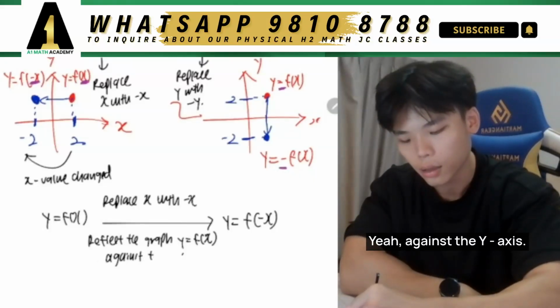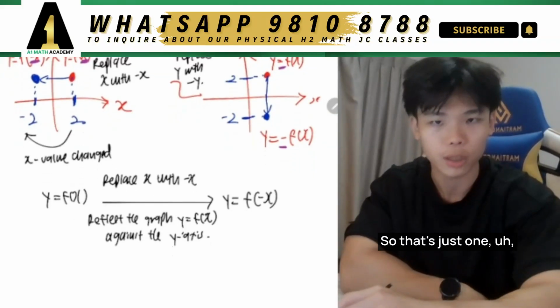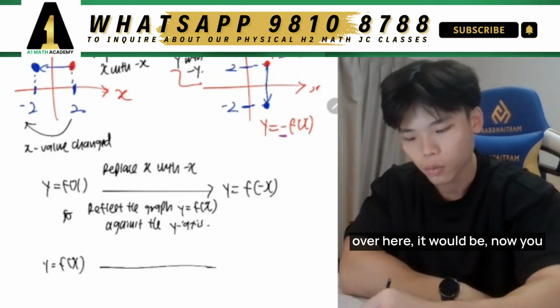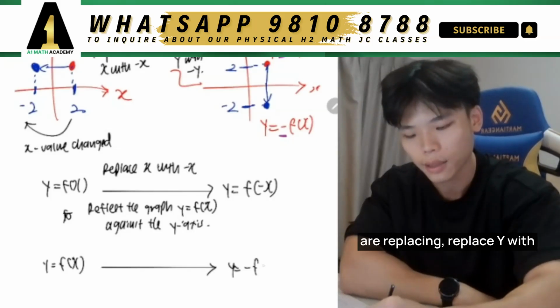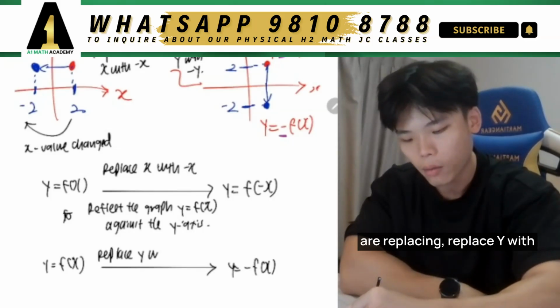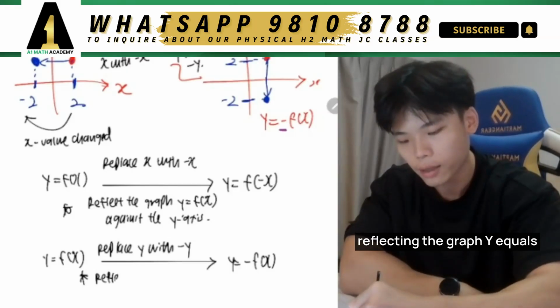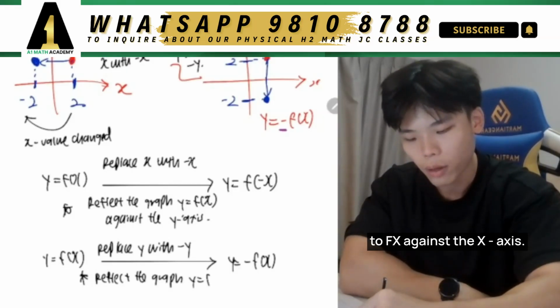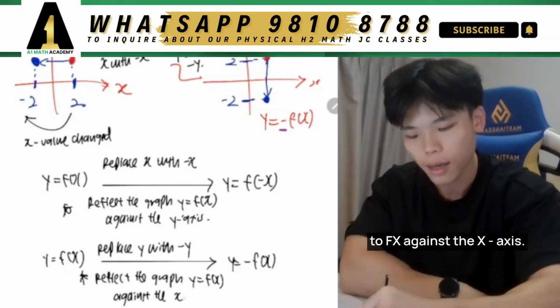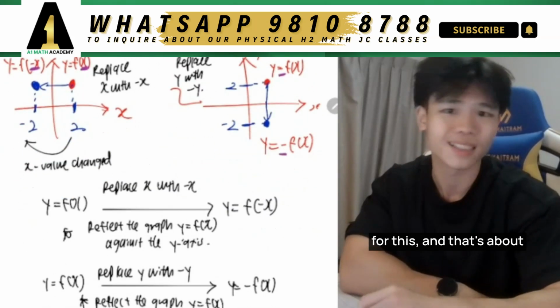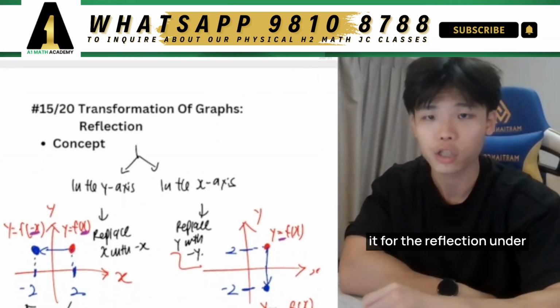Okay, so that's just one standard explanation. And then for the other one over here, now you replace y with -y, and therefore what you're doing is reflecting the graph y equals to f(x) against the x-axis. Okay, so these two are the standard explanations, and that's about it for the reflection under transformation of graphs.